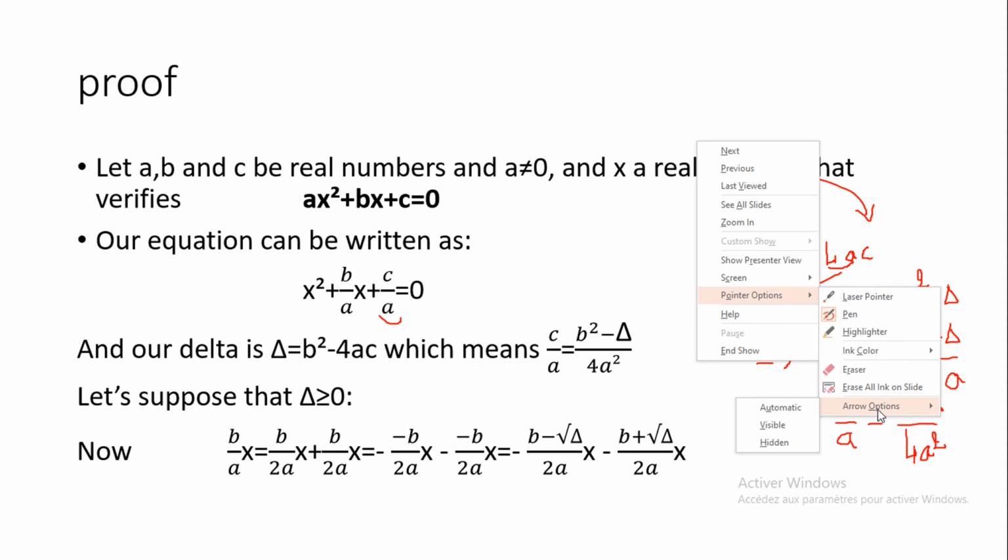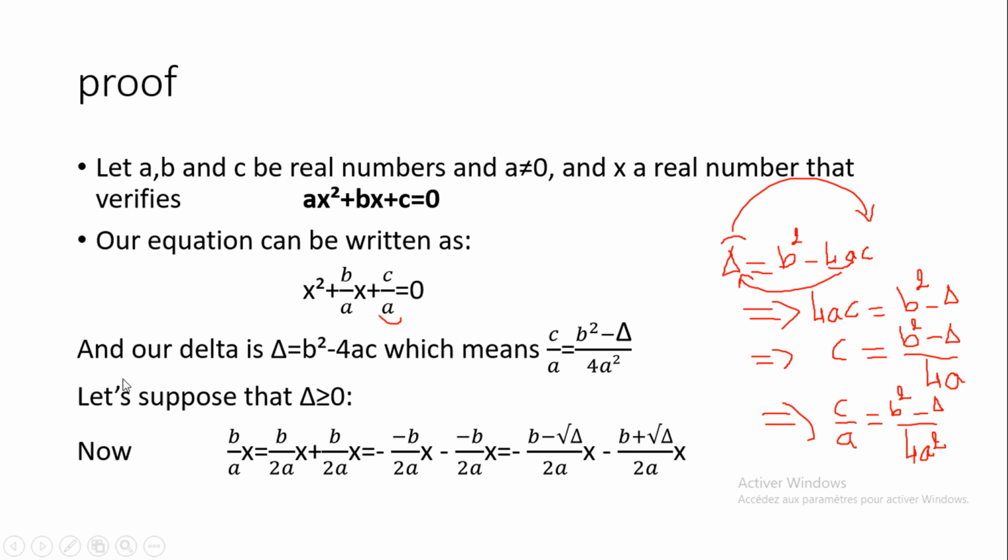Now we move to this part. Before moving to this part, we suppose that delta is positive, as we said in our assumptions while solving the equation. If delta is negative, then our equation has no solution.